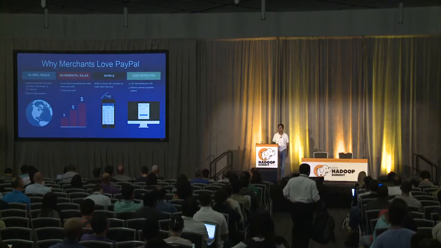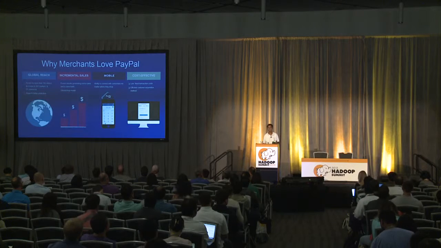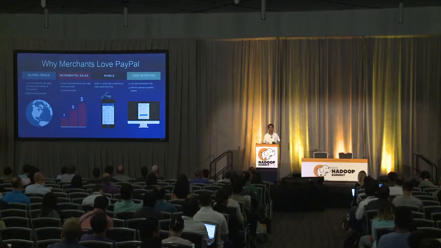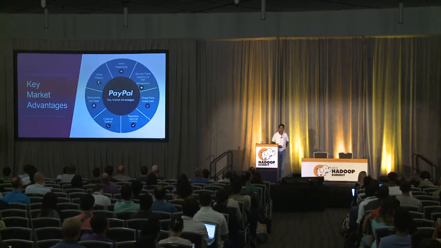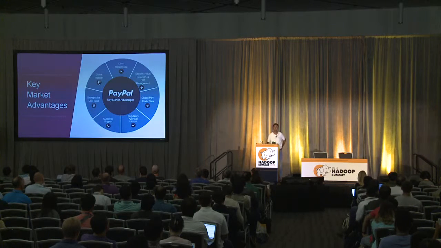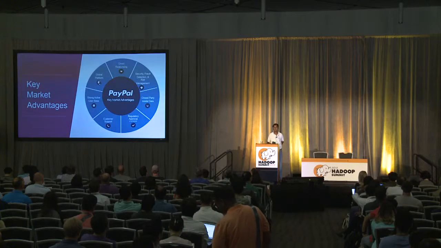The product which you see here is PayPal Here, which merchants can plug into the device and collect payments from consumers very easily. PayPal has significant market advantages over its competitors because of its 15 years of experience. One of the key differentiators that PayPal has is state-of-the-art fraud detection and risk management systems.